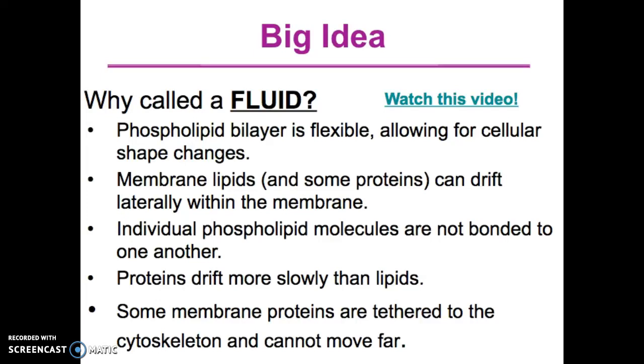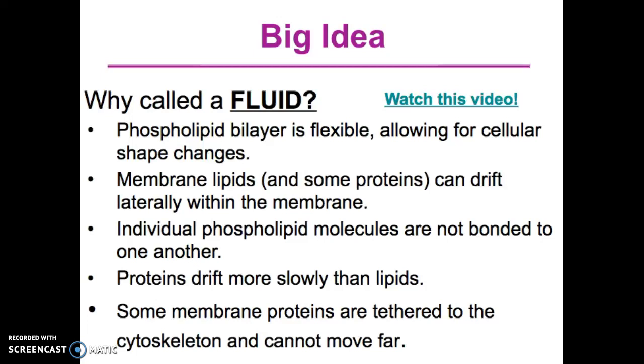So phospholipid bilayers are flexible. They allow for cells to change shape, because that's an essential component of being a cell, is that you have to adapt to the environment around you, right? Characteristics of life. The membrane lipids and some of the proteins can actually move laterally. Now, they don't move vertically, so they can't just pop out of the cell membrane. But they can move laterally within the membrane.